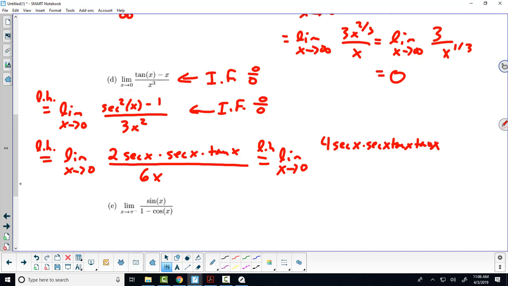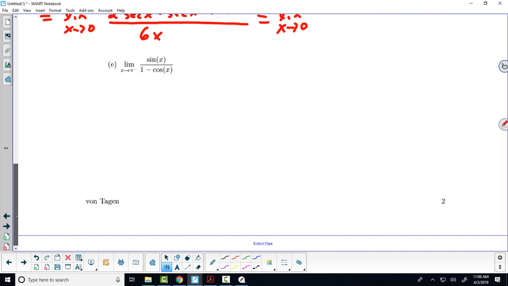It's either going to arrive at infinity or at 0 or somewhere in between. And in this case, it arrived at 1/3. And I don't think there's anything in the original problem that would hint at that. I think these are really interesting. All right. Number E. Go ahead and do number E.